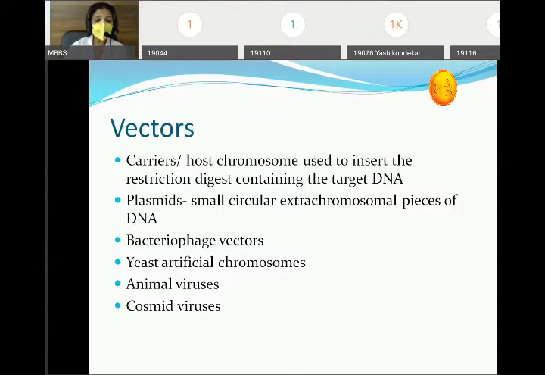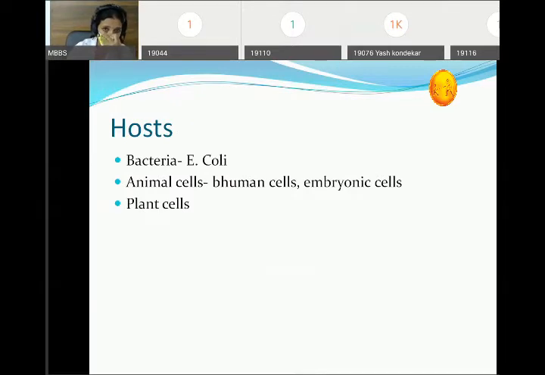It is a small circular extra chromosomal piece of DNA. Other vectors are bacteriophage vectors, yeast artificial chromosomes, animal viruses, and plasmidoviruses. Next is the host. Various hosts that are used are bacteria, that is E. coli, animal cells that are human cells or embryonic cells, and plant cells.